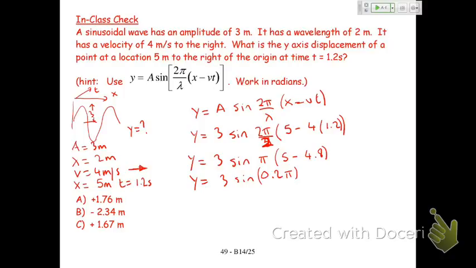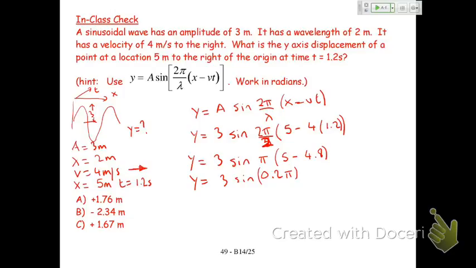So I come to my calculator. And what's the first thing I check when I get my calculator? I've got to do something with trig, so check my mode. I look and I see I'm in radians. So this is going to be 3 times the sine, got to be a little bit careful here, of 0.2 times pi in brackets.